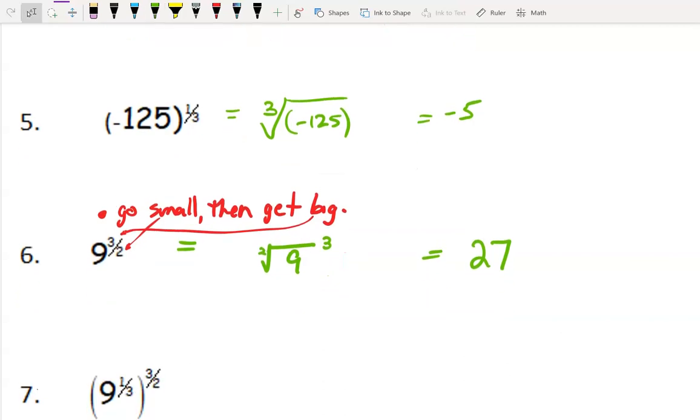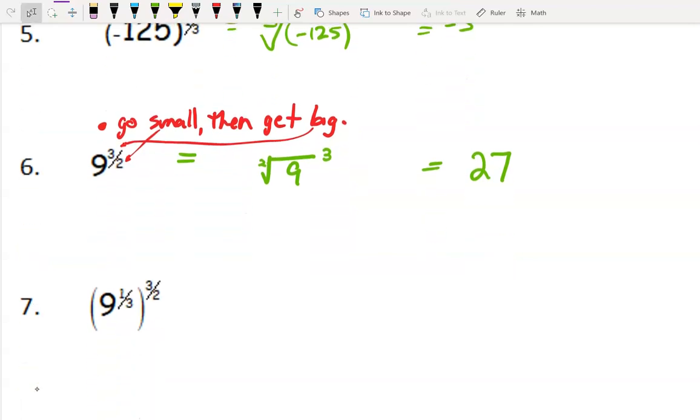Now, the reason I say go small, then go big: can you do 9 cubed first, and then take the square root? Sure. But what's 9 cubed? I don't think you know that. 9 cubed is actually 729. What's the square root of 729? Again, I don't think you know that. It's easier to go small first and then big.